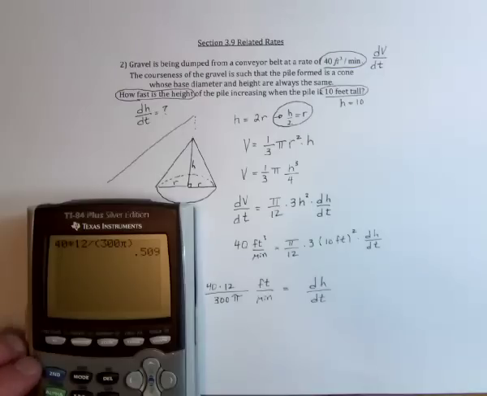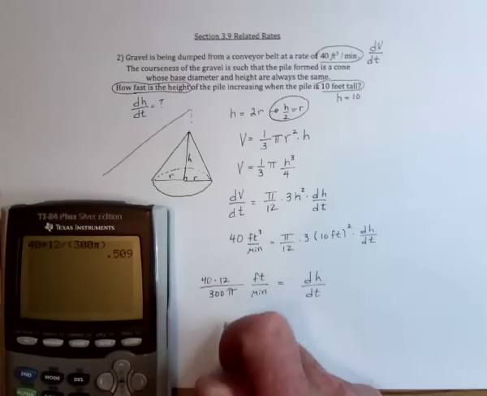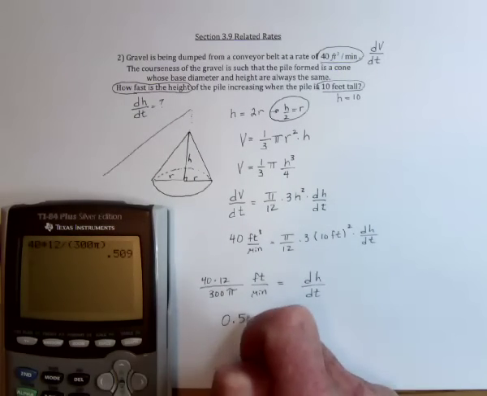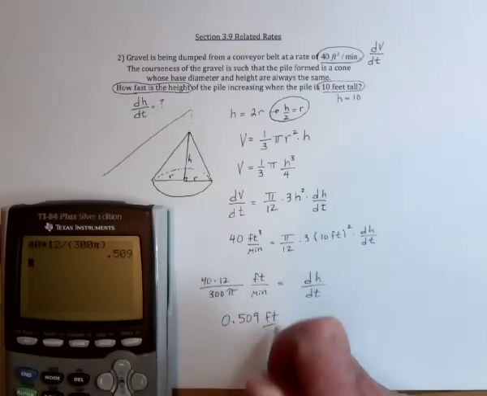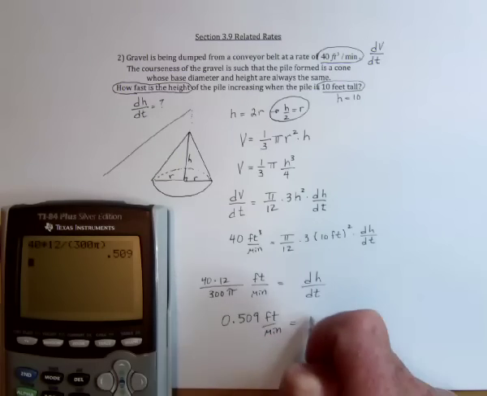And the height is changing at about half a foot per minute, which sounds reasonable. So 0.509 feet per minute is how fast the height is changing with respect to time.